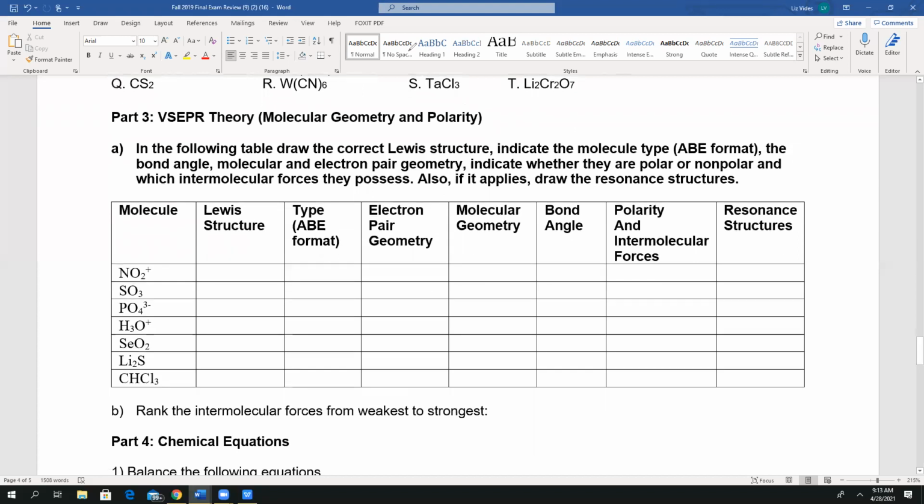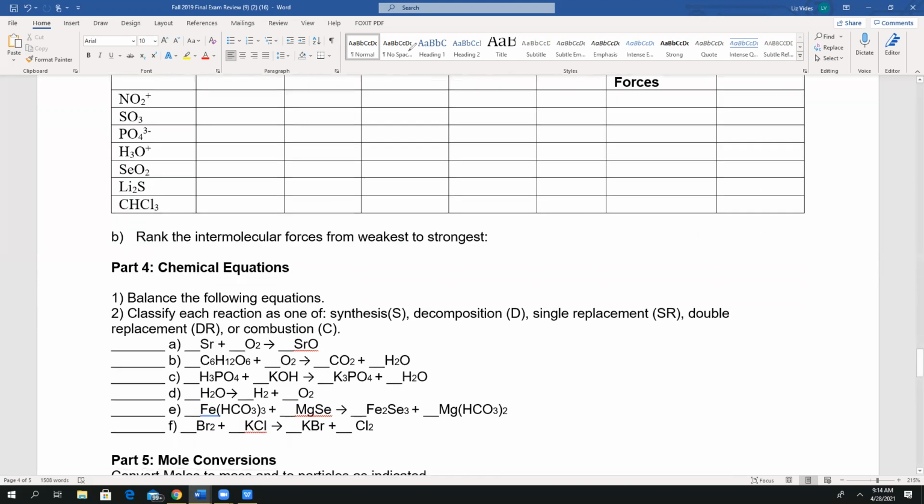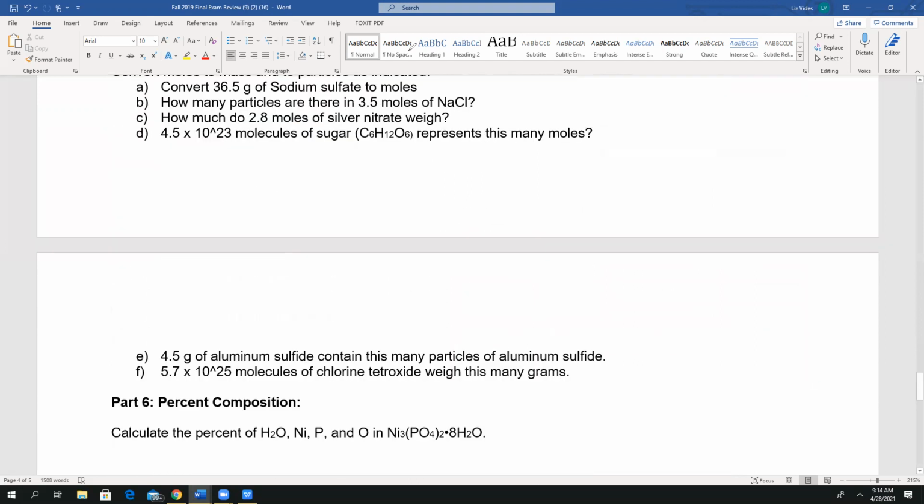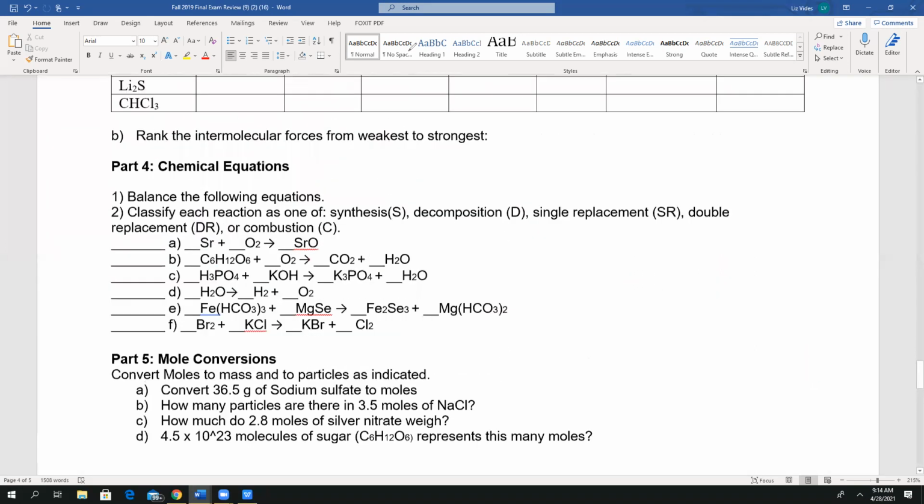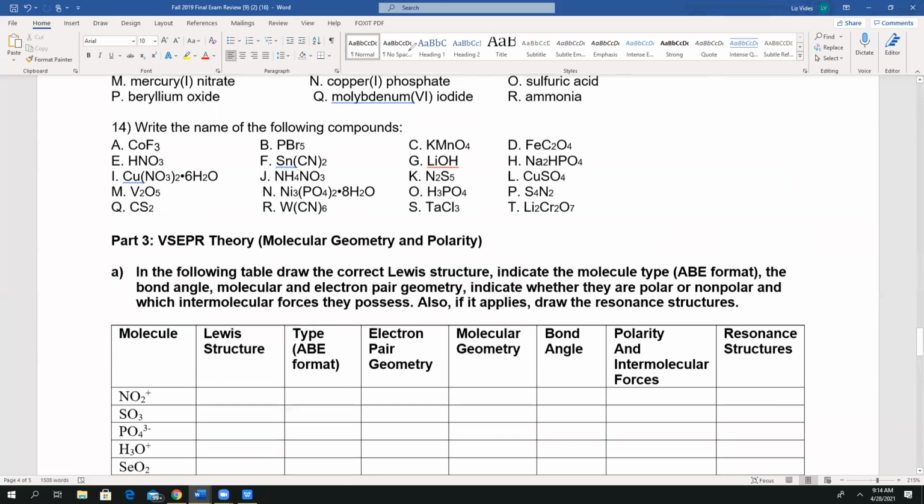Just review your entire thing, and your how to make the Lewis structure, that kind of thing. And the next time we will do those. And we will balance the chemical equations. We do mole conversions and percent composition. And that'll be the end of our review.